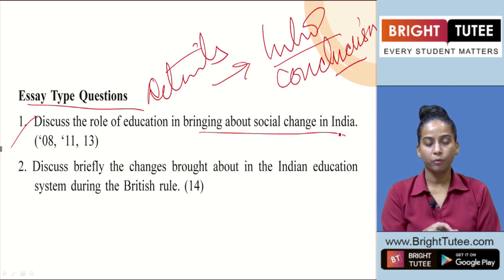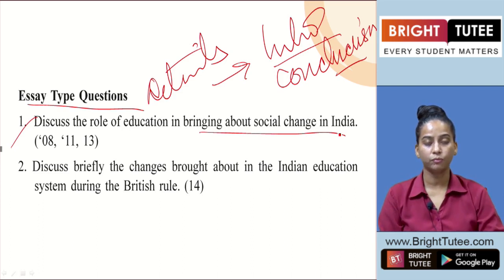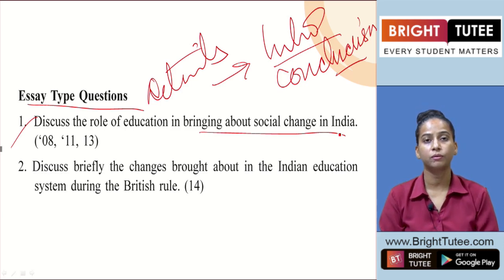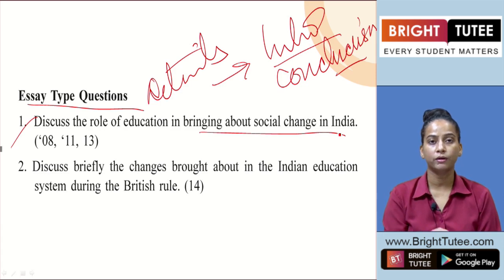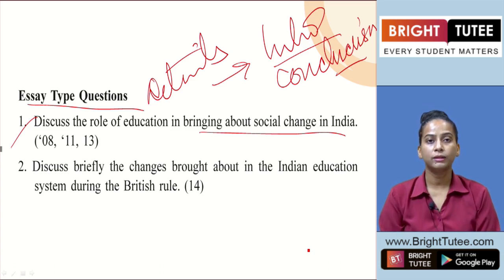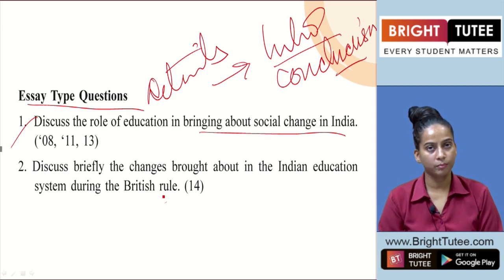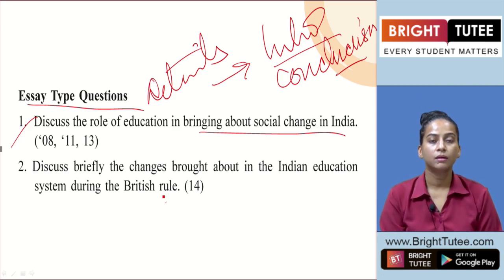Here, firstly you will mention what the scenario of education in India was, a little bit of intro before independence, and then you will mention how the initiative was taken by the Britishers and these changes were brought, and then mainly you are going to talk about after independence how the national education policy was formulated to bring change in the society, and what were the main aims of that particular policy in India, in which you can also mention that special emphasis was given to the empowerment of women and to provide equal opportunity of education to the girl child.